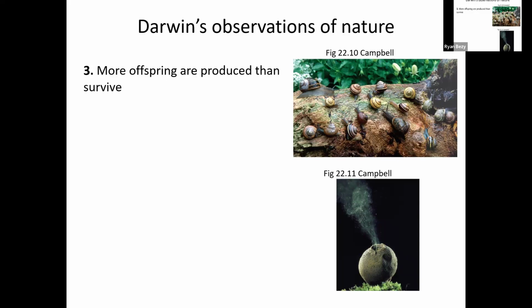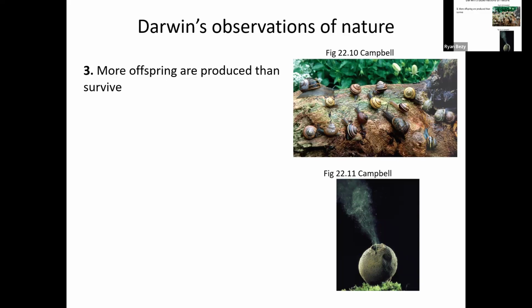You get that greenish cloud that comes out of that. That's all spores or reproductive cells, and actually millions of them get released. But do you get millions of new fungi, little mushrooms produced? No, only a small fraction of those will actually grow up and live to become new mushrooms and go on to reproduce themselves.